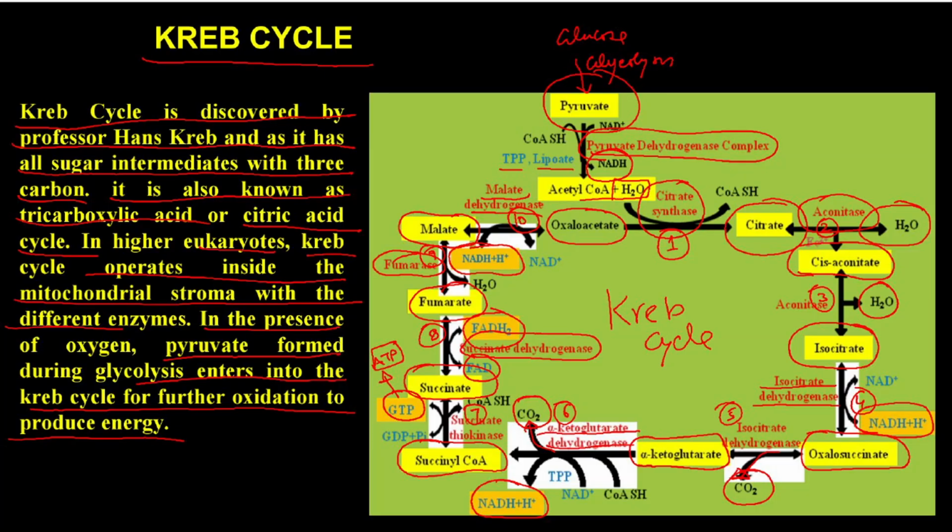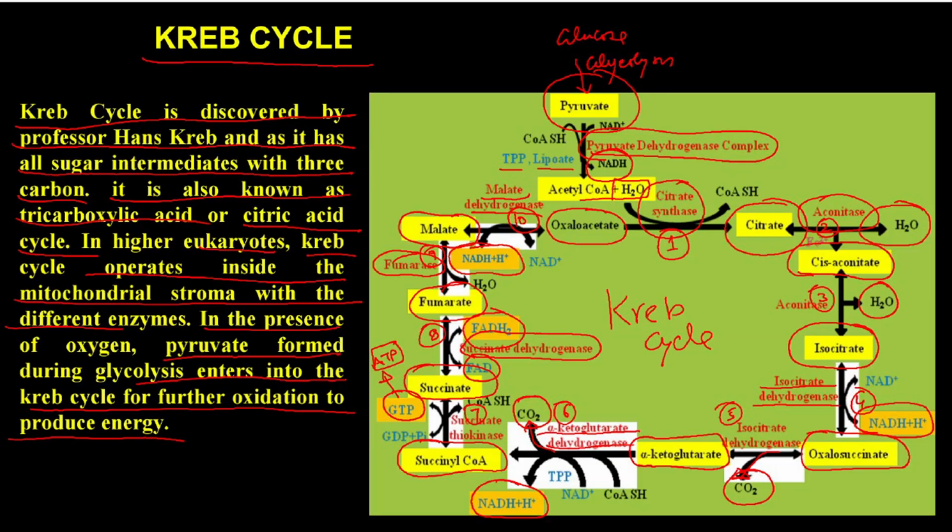Then when aconitase is acting on the citrate, a dehydration reaction is going on and one water molecule is being released. When this cis-aconitate is again converted to isocitrate, another dehydration reaction happened and one water molecule was released.